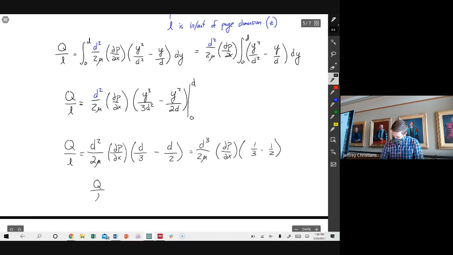So that's d cubed over 12 mu, minus dp dx.